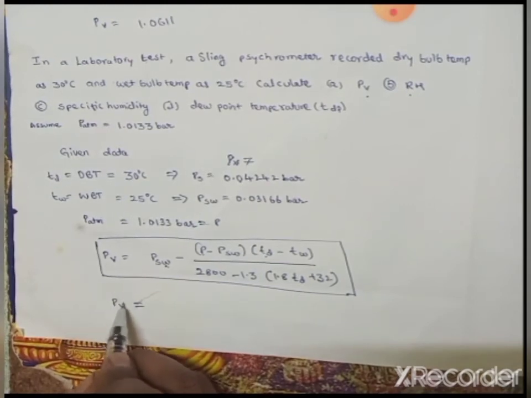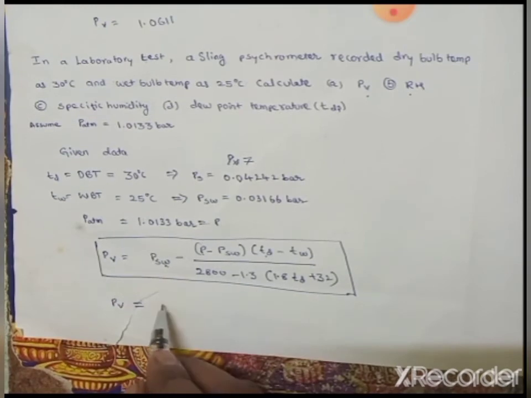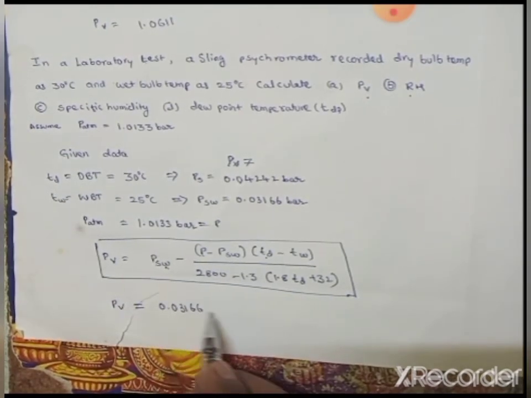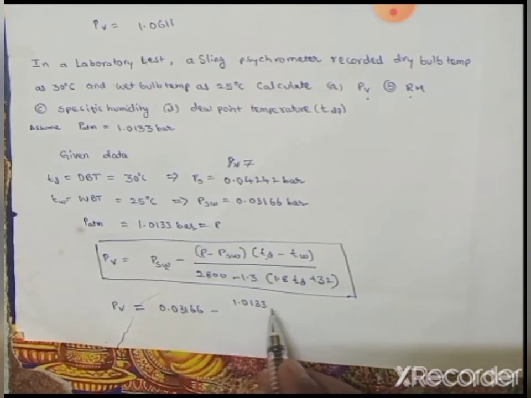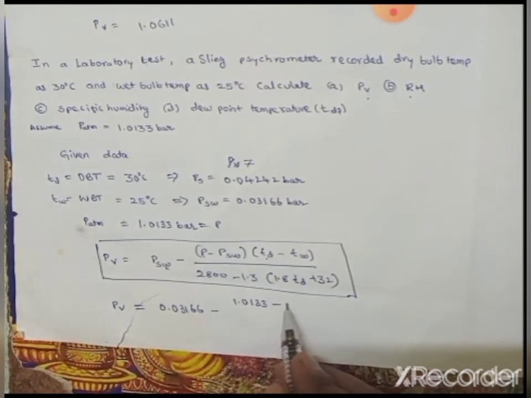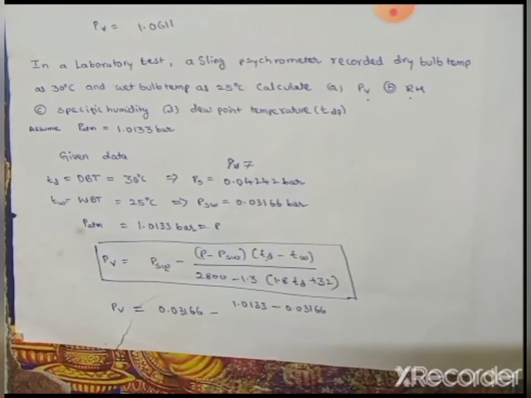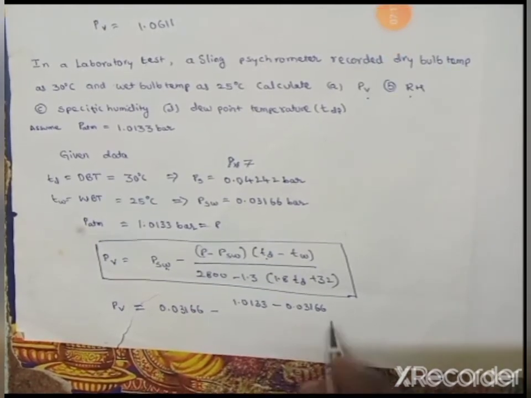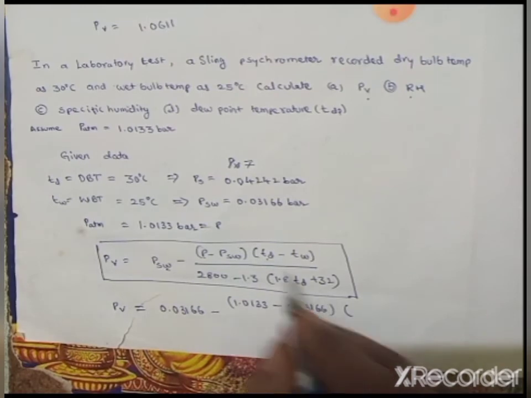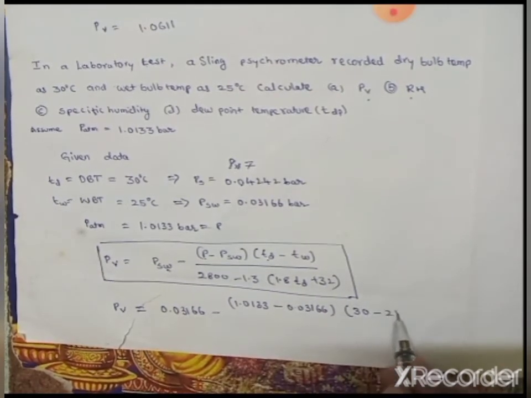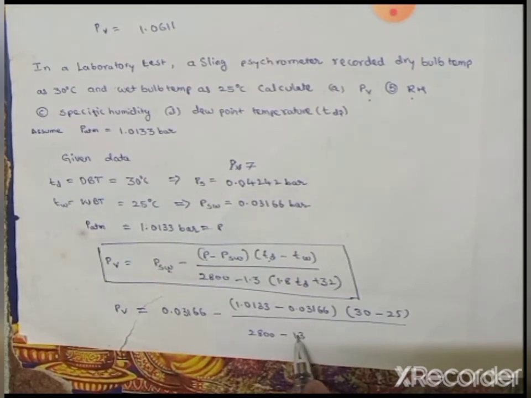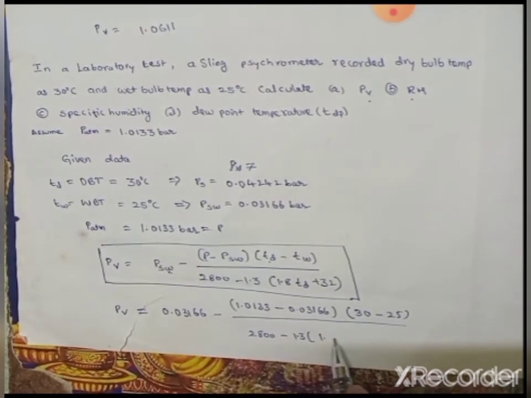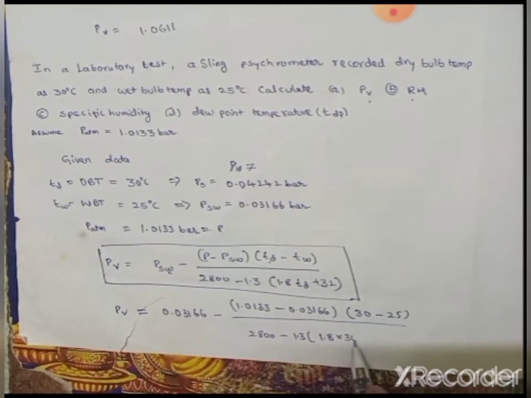Now substitute these values in the equation. PV equals PSW, which is 0.03166, minus P, which is 1.0133 minus PSW, which is 0.03166, times the dry bulb temperature 30 degrees minus the wet bulb temperature 25 degrees centigrade, divided by 2800 minus 1.3 times the wet bulb temperature, times 1.8 times 30 plus 32.